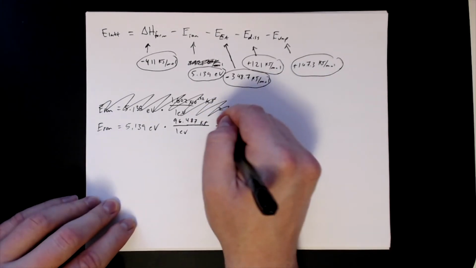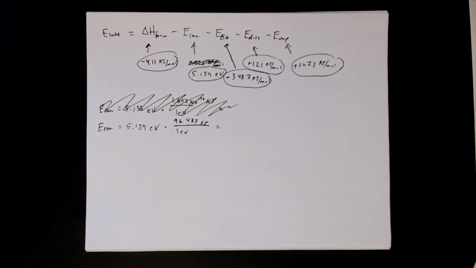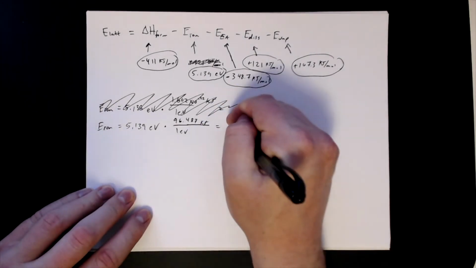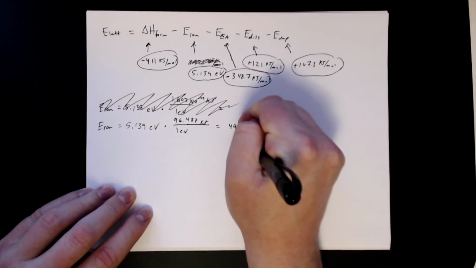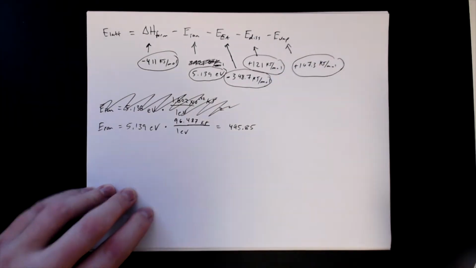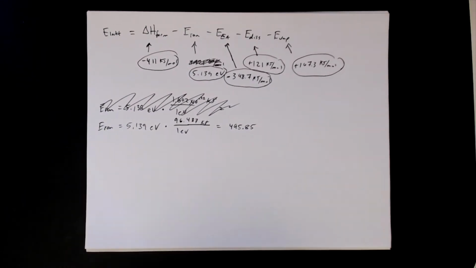So if we run that quick number, 5.139 times 96.487, we get 495.85 for our value for the ionization energy.